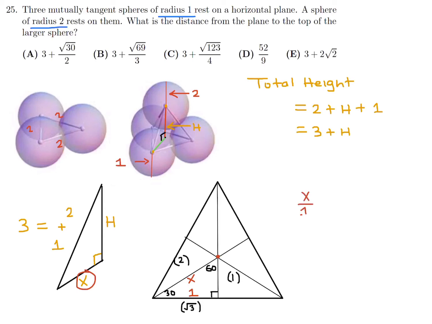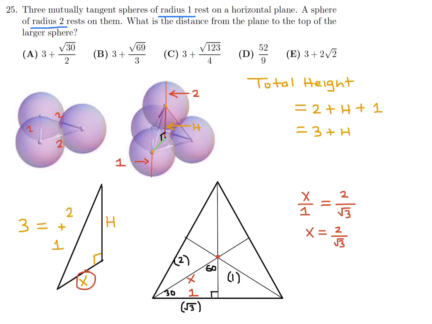X over 1 in terms of a ratio would be 2 over root 3. This guy right here. So you see how the ratio of the sides of a 30, 60, 90 triangle helps us out. And therefore x is just 2 over root 3. So there we go. We've got everything we need to figure out h.